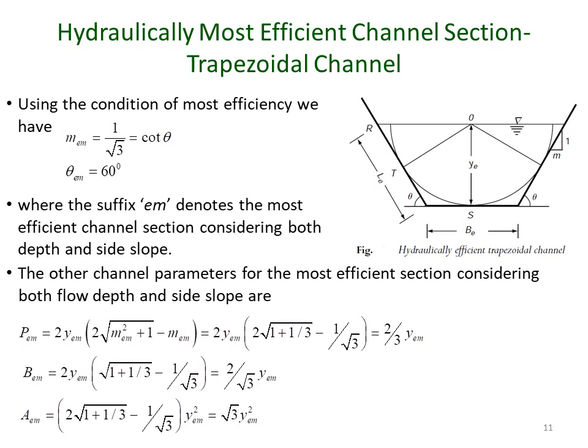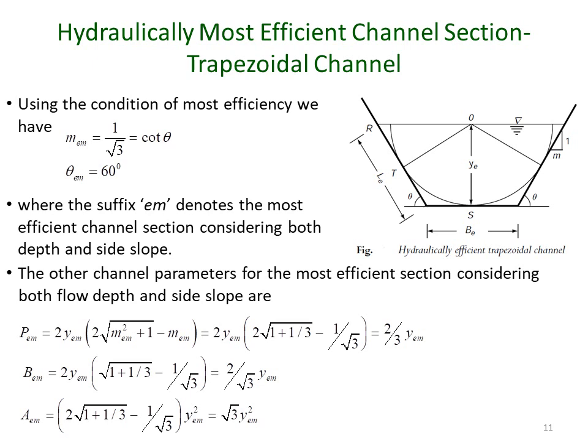Note here that m can be written as cot theta, where theta has been pointed out in the figure on your right. m is nothing but the value of cot theta. So if cot theta equals 1 by root 3, then theta equals 60 degrees.